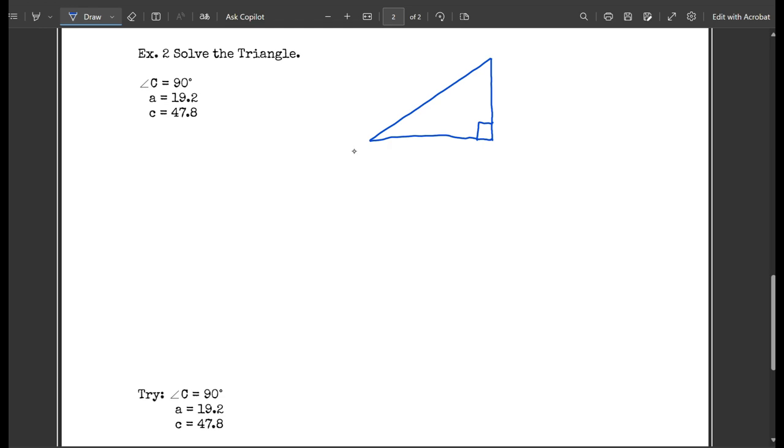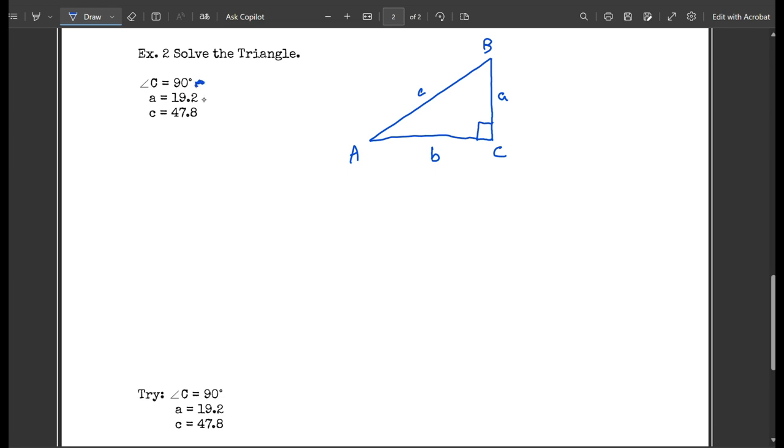And then we're going to label it around clockwise, A, B, and C. And so across from A is side A, across from B is side B, and across from C is side C.